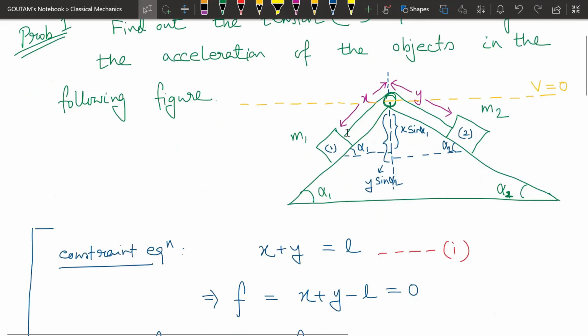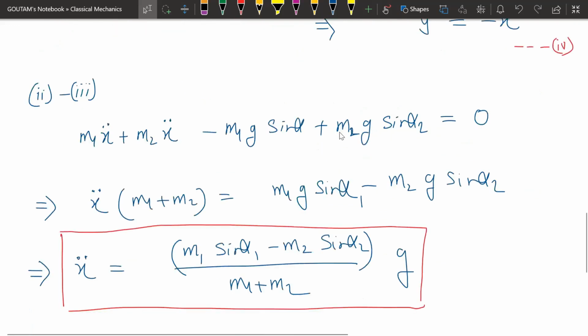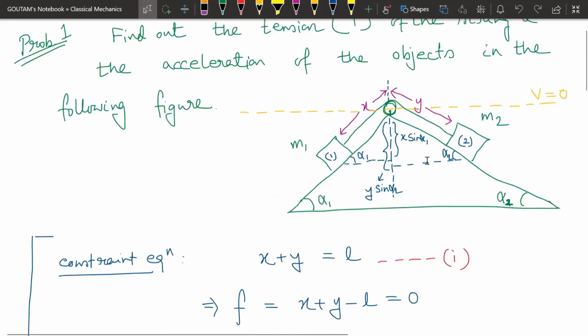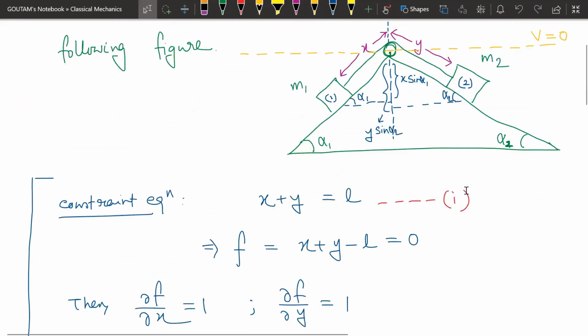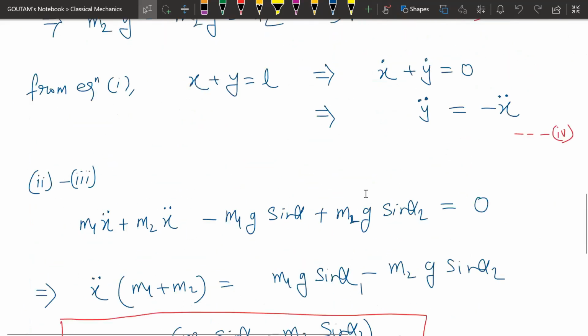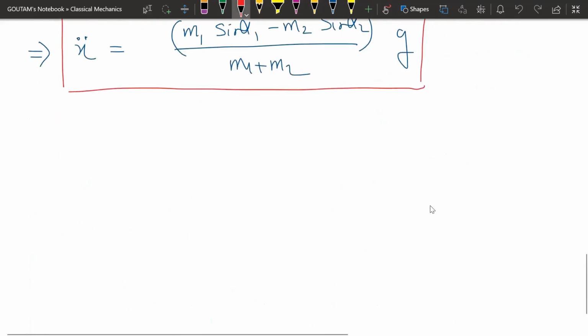As a result, this rope is giving us the tension. So it's a force of constraint. The tension is basically a force of constraint.